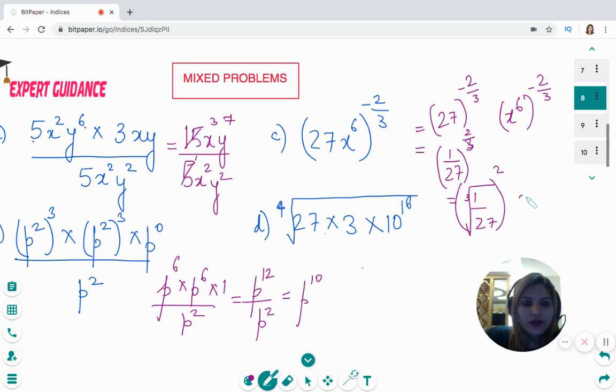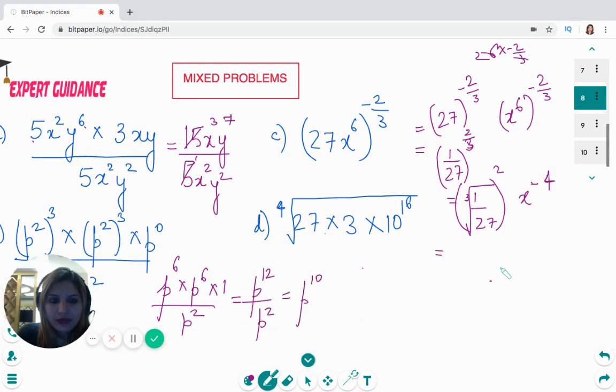And the power is 6 times minus 2 over 3, which is minus 4. Okay, so now cube root of 27 is 3. And then you square it, which becomes 1 over 9. x to the power minus 4 will be the answer. Okay, so I hope this is clear to you.